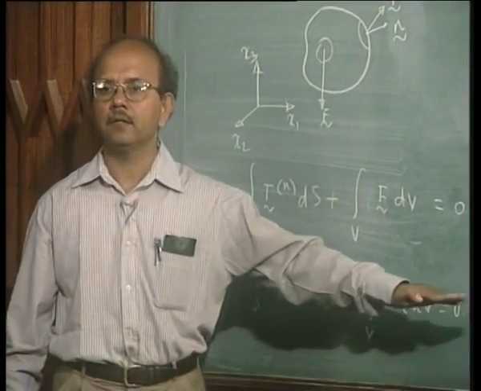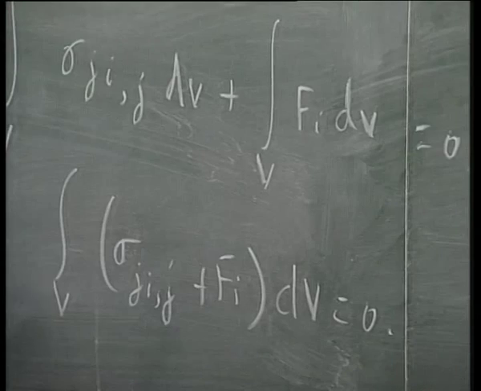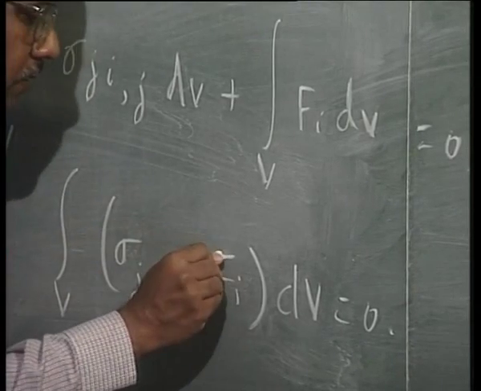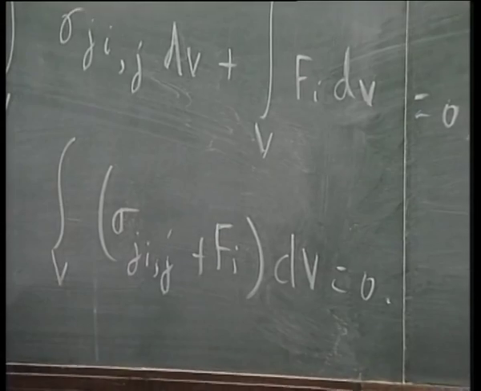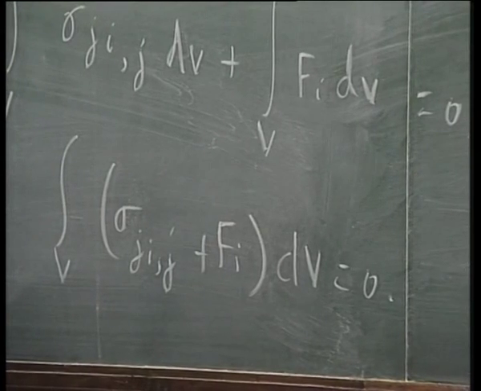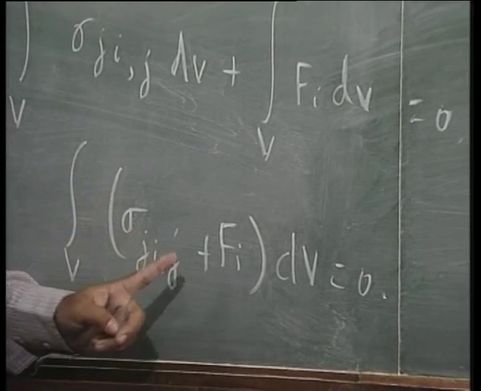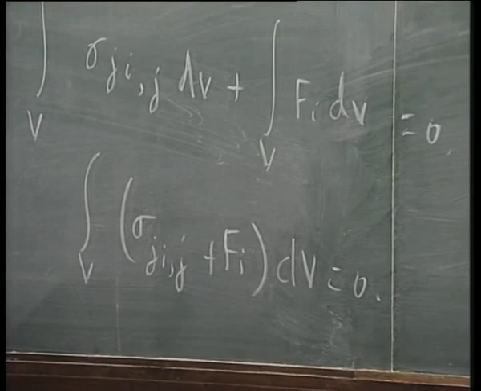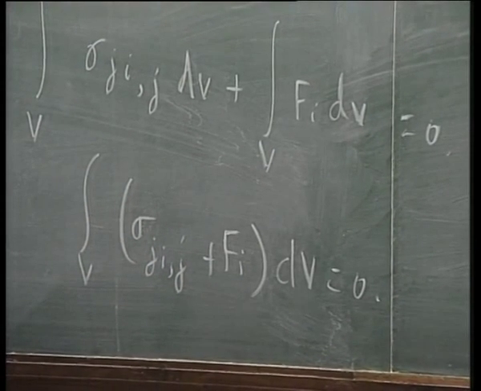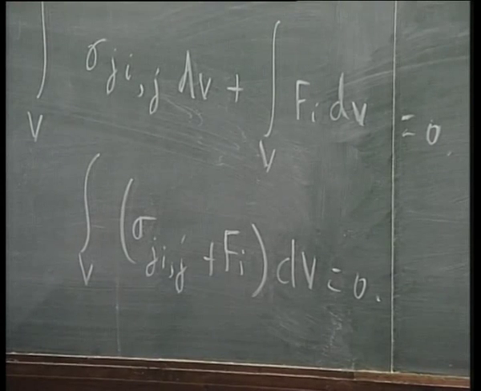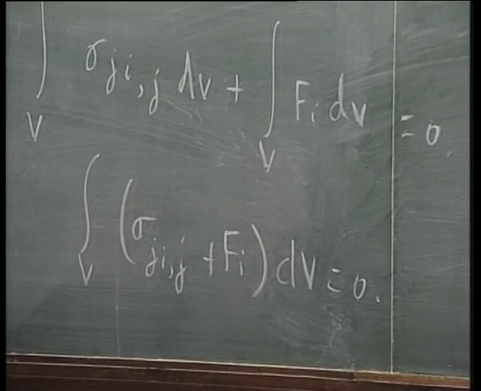Is that clear? What do you learn from this? What can you conclude from this? Look at this equation carefully. Obviously it means that the whole body is under equilibrium.